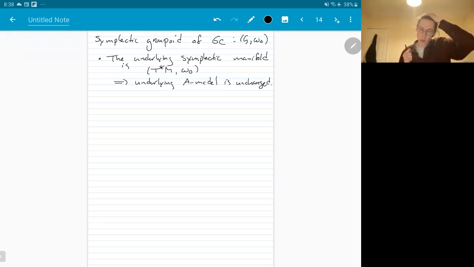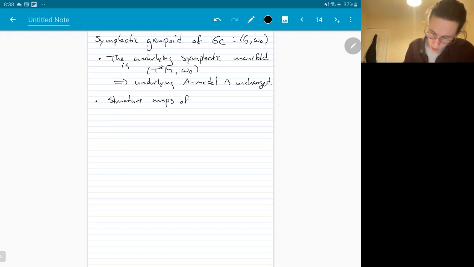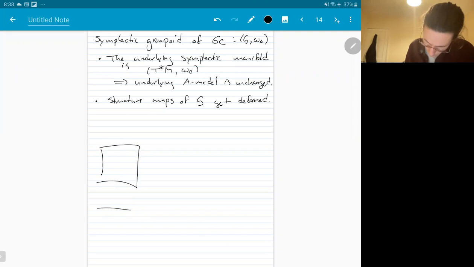So you see, when you turn on the deformation, it will deform the groupoid. The A model, which we had on the cotangent bundle, will remain. What changes when we define the symplectic groupoid is the structure maps. So the structure maps of the groupoid get deformed. Remember, we had the cotangent bundle, which just had a single map, which was the projection, which had these fibers.